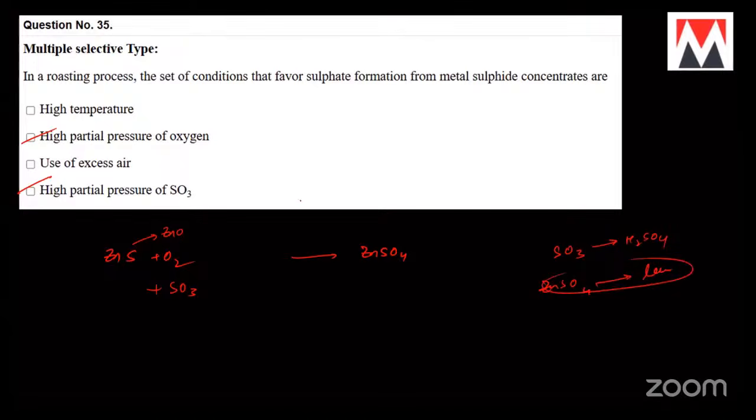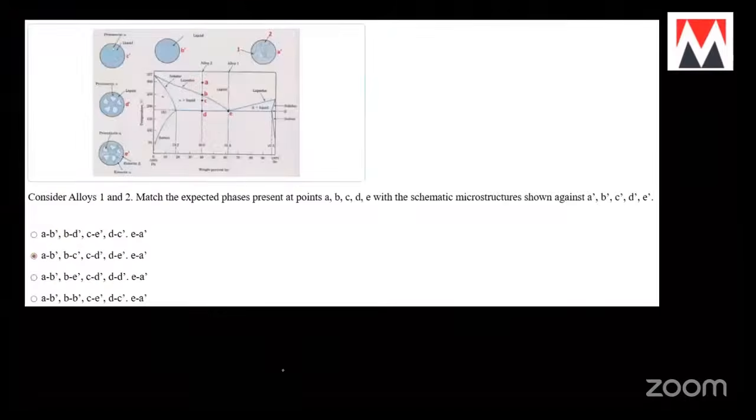So you are using pure oxygen here. In the blast furnace, you don't require any of those. You are getting gas which is CO2, and you can't convert it into anything. Here SO3 is being converted into sulfuric acid, but CO2 is not being converted into anything. So it is better to use excess hot blast air there. But in roasting, pure oxygen is better.